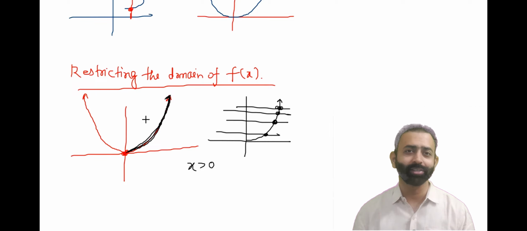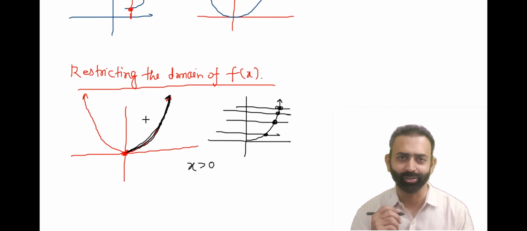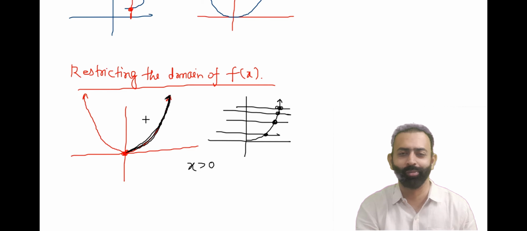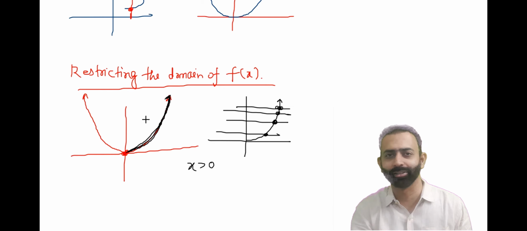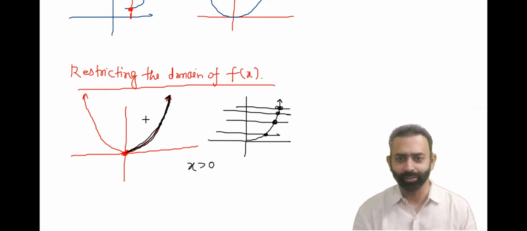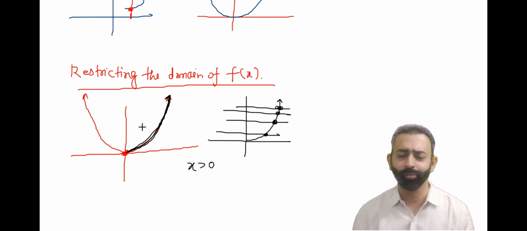In those cases, we need to restrict the domain in order to define their inverse functions, written as sine inverse, cos inverse, tan inverse, and so on. But what is the math behind the domain of those functions? We will see this in detail in the next class. For now, I need to give the idea of restricting the domain of f(x).